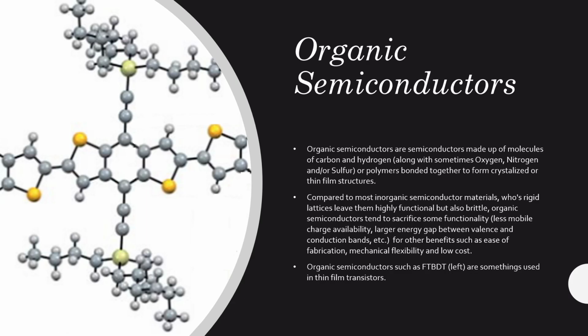Compared to most inorganic semiconductor materials, whose rigid lattices leave them highly functional but also brittle, organic semiconductors tend to sacrifice some functionality, such as less mobile charge availability, a larger gap between the valence and conduction bands, etc., for other benefits, such as ease of fabrication, mechanical flexibility, and low cost. Organic semiconductors such as FTBDT, which is pictured on the left, are sometimes used in thin film transistors.